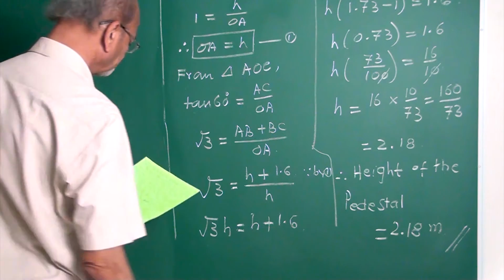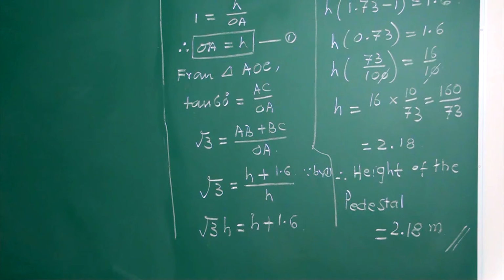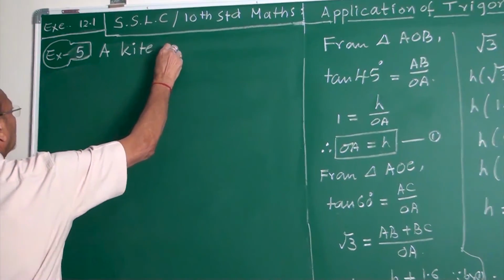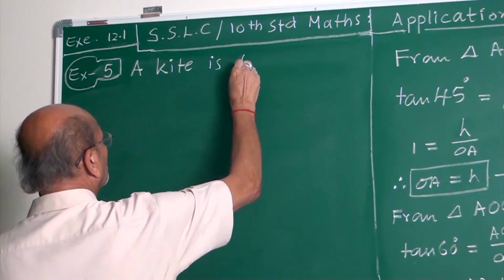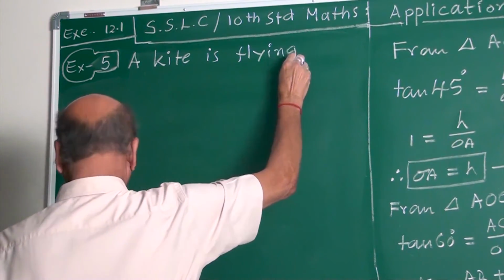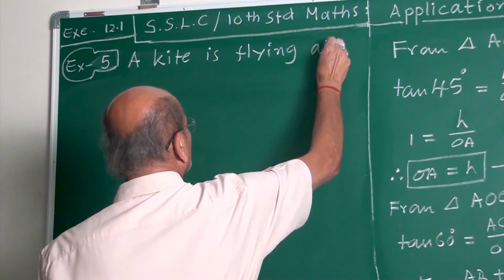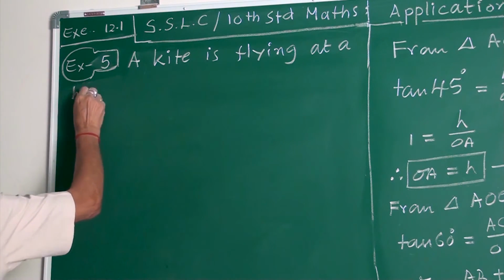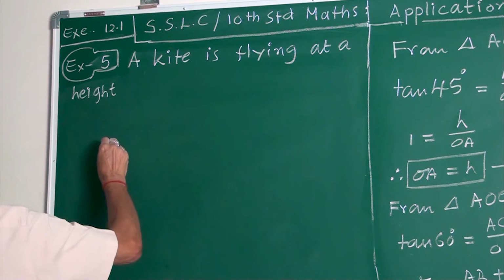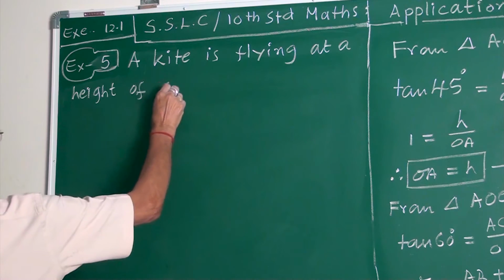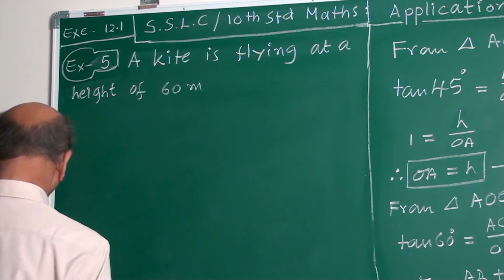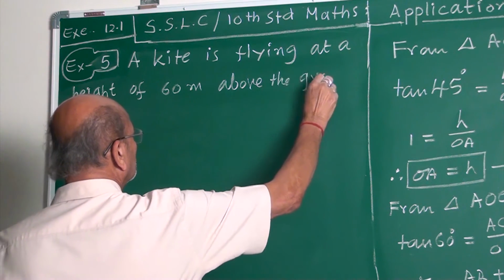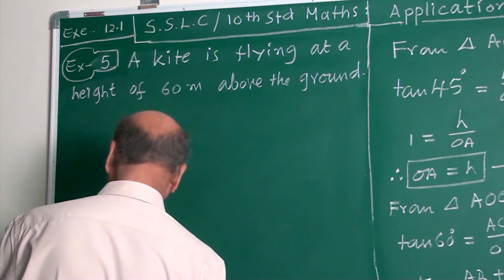Example number 5. A kite is flying at a height of 60 meters above the ground.